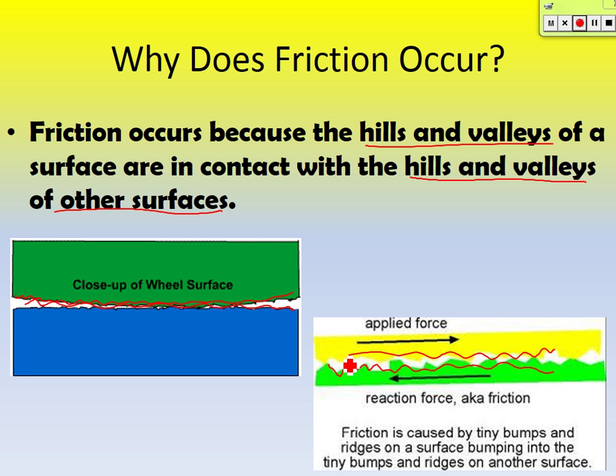What's one way that we can reduce friction? What do we use to reduce friction? Oil. Okay? Some sort of lubrication, right? So if you think about oil, what does oil do to these valleys here?